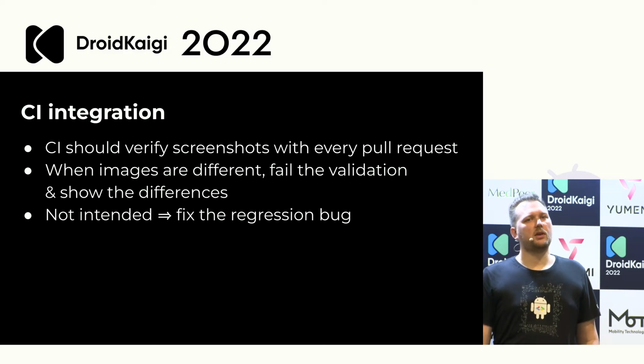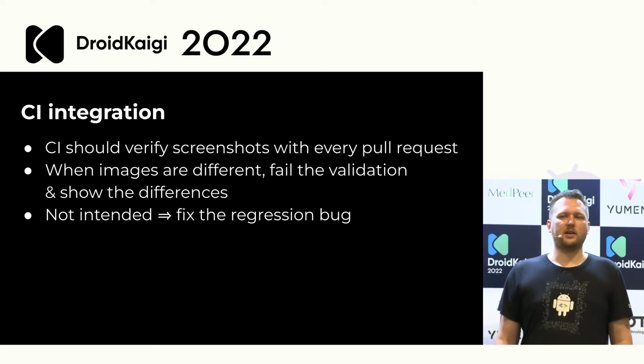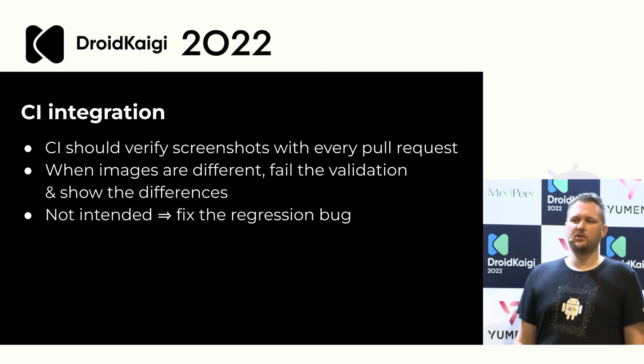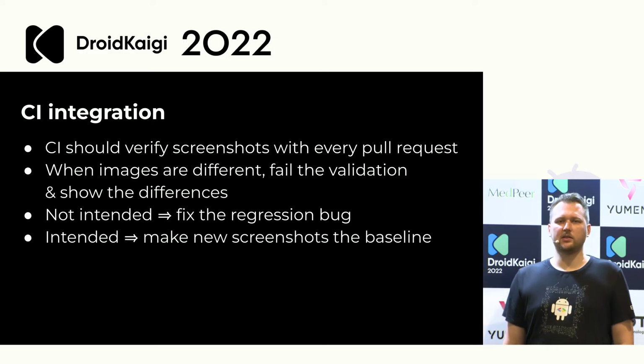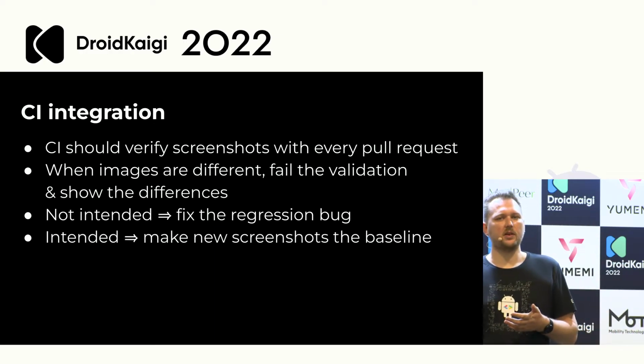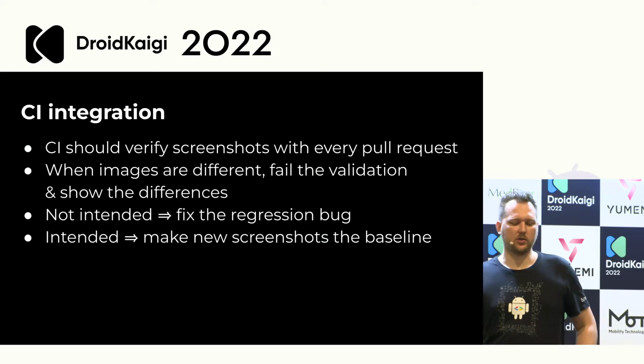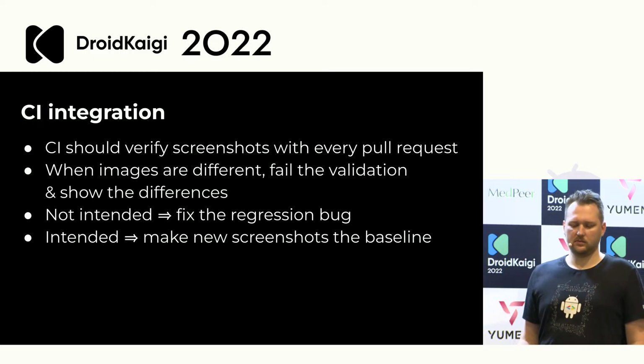Now there are two ways what could happen if it fails. Either it's an unintended change, and that means the screenshot test discovered some regression bug, and you should fix this regression bug. But in some cases, it's an intended change, like you are creating a new feature, so there will be new screenshot tests, or maybe you are modifying an existing feature, and so it should be modified. So in this case, you should have a way to make these new screenshots the new baseline.